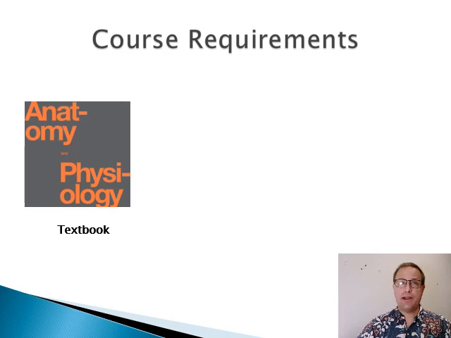Now, this is not a great textbook. Some of the other textbooks that are out there for sale are a lot better, but this is a free textbook, and I want to say that as far as studying information, you want to concentrate on the lectures and then use the textbook to supplement the information in lecture. There will be some differences in the lecture and also in the textbook.